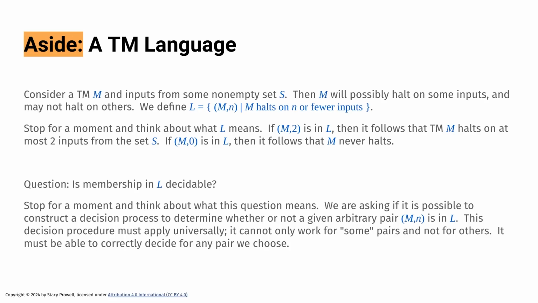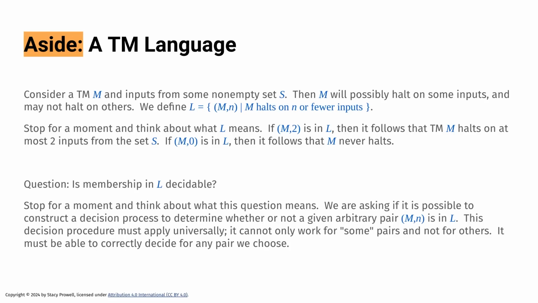We don't necessarily care, but we define a new set L as a set of ordered pairs. Okay, and the ordered pairs look like (M, N). M is the machine, and N is just a number. It's a natural number which says M halts on N or fewer inputs. So, for example, let's assume that M always halts.